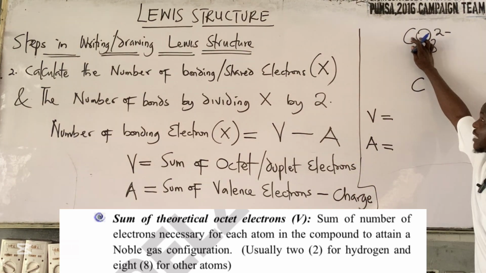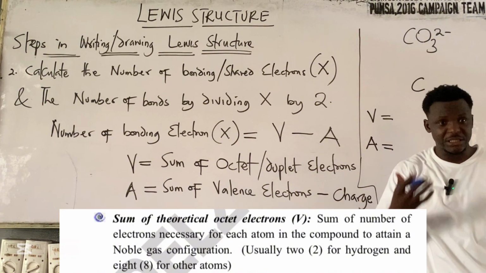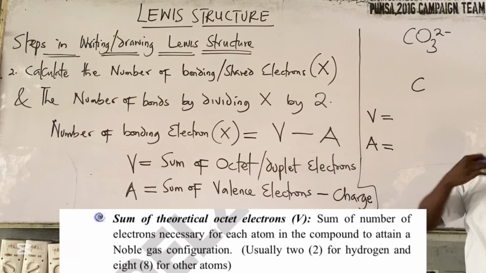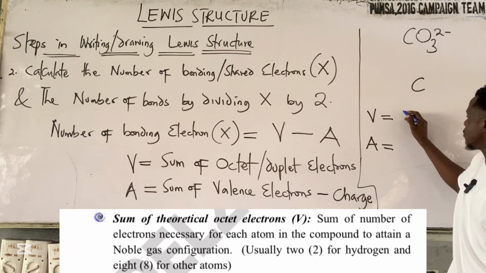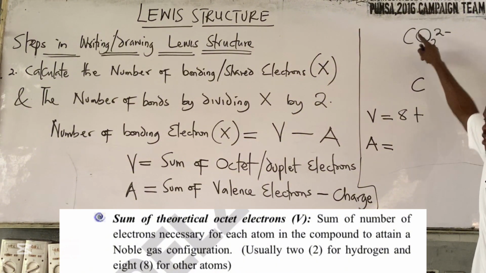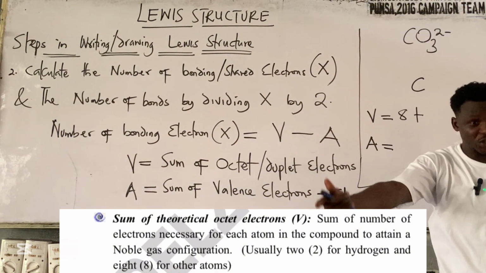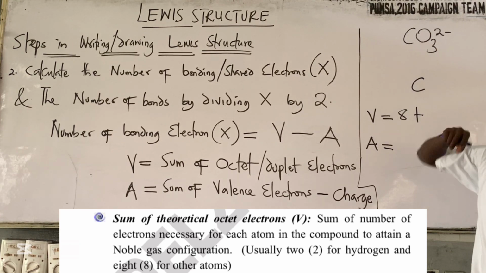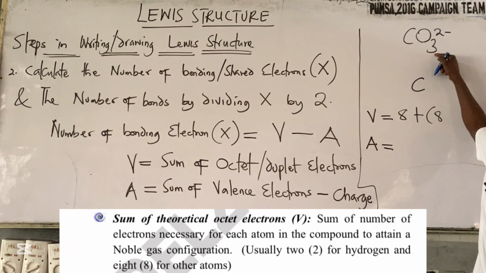Carbon, the value is going to be what? 8. Because if carbon should undergo bonding, carbon is going to attain octet configuration. Is it not so? So the theoretical octet for carbon is going to be what? 8. Plus, oxygen is still going to attain octet configuration. So the theoretical octet for oxygen is still going to be what? 8. How many oxygen do we have here?